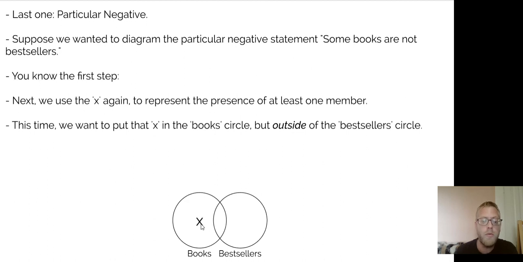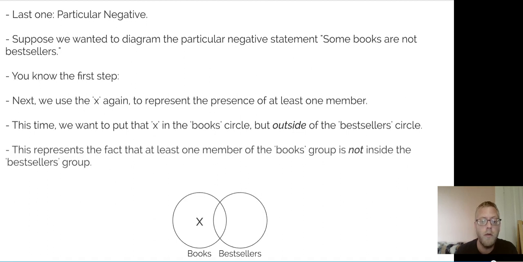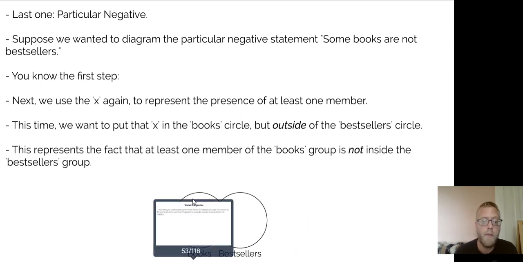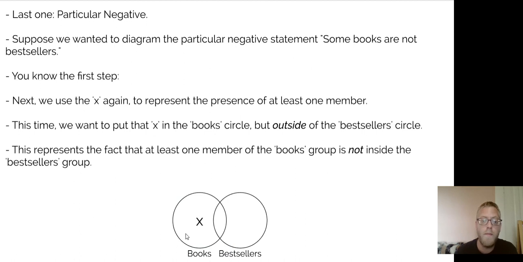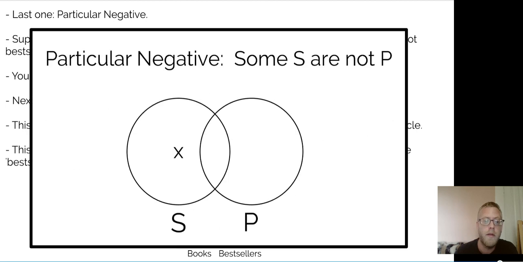There's at least one book, i.e., there are some books that are not bestsellers. I hope that's clear. So this represents the fact that there's at least one member of the books group that is not inside the bestsellers group. And so any particular negative at all, any sentence with the form some S are not P, is going to be represented in this way visually.